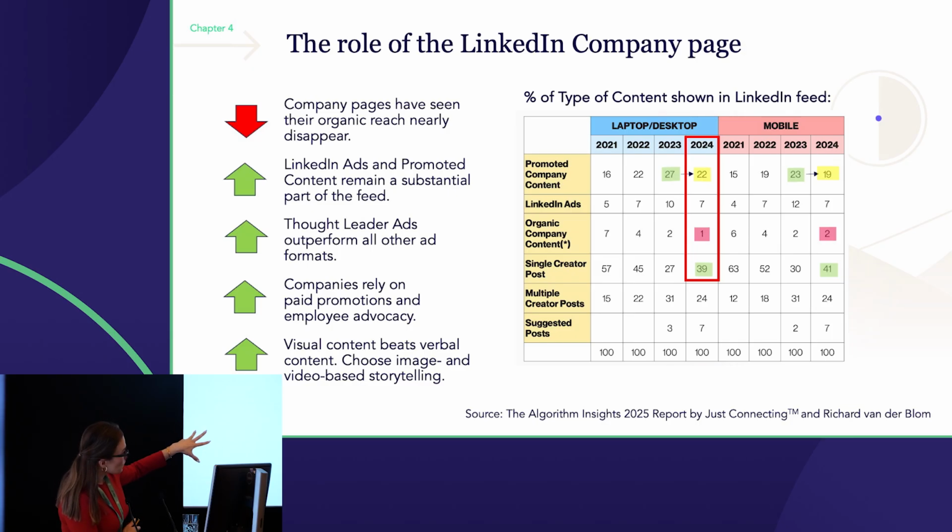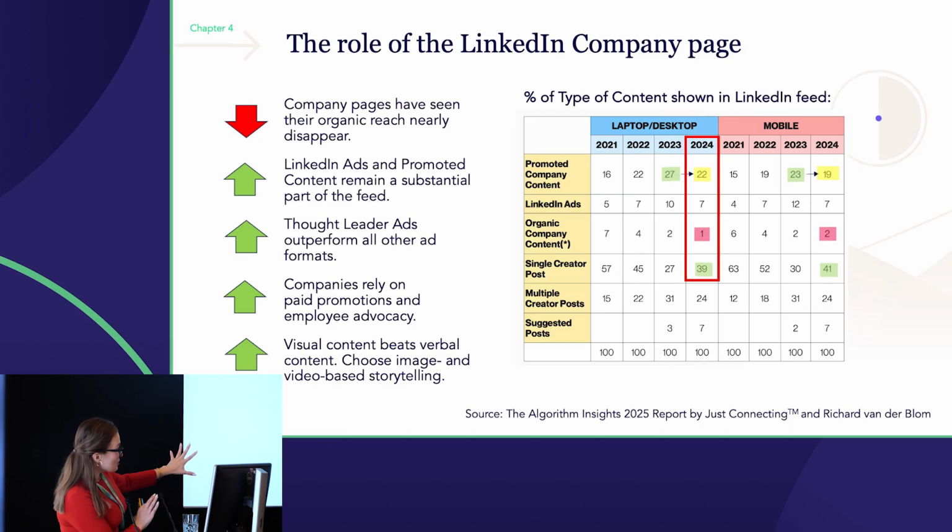As you can see here, organic company content has dropped to 1% of visibility on LinkedIn, which is a crazy metric, right? When I saw it, that was my reaction to it. We also can see that there is promoted company content, which is still in the number 3 spot in regards to visibility, but it's increasingly dropping down.